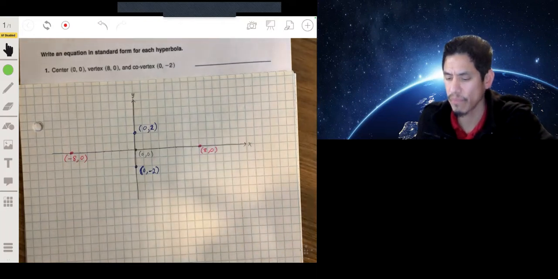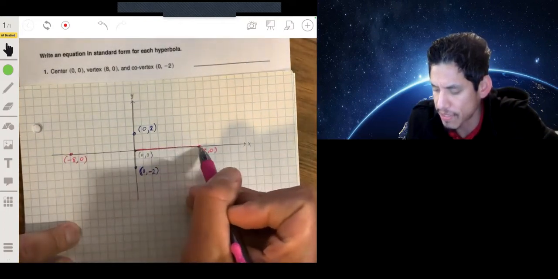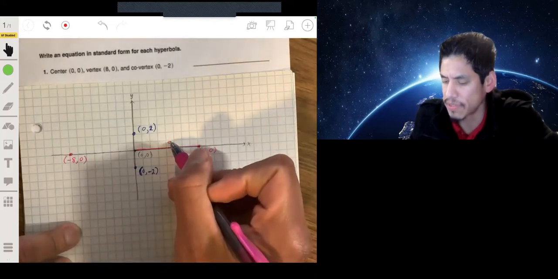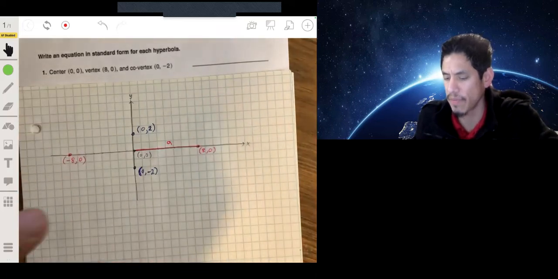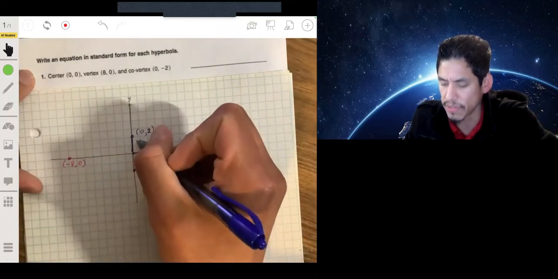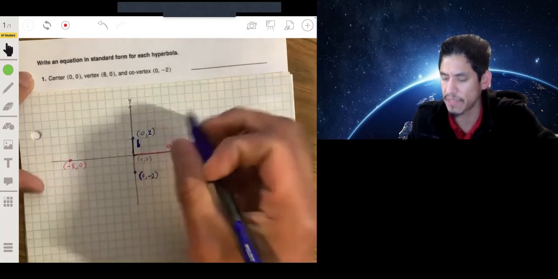And remember, the distance from the center to one of the vertices will be A, and the vertical distance from the center to one of the co-vertices will be B. So then A is equal to 8 and B is equal to 2.